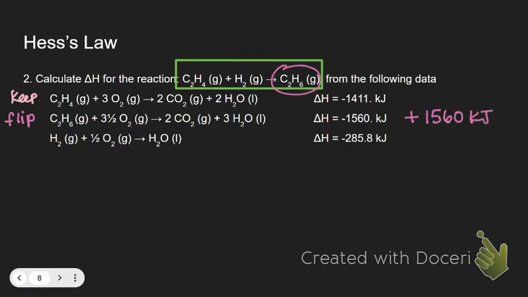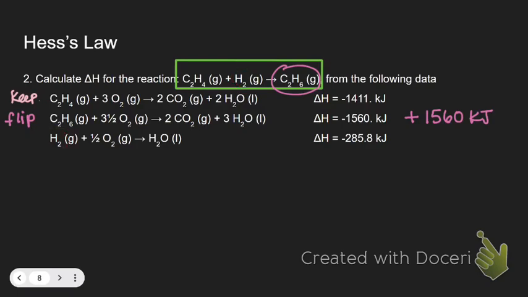Okay. For the third reaction, we have hydrogen as a reactant, and this also looks okay. I don't need to multiply it by any coefficient, but here hydrogen is a reactant, and here hydrogen is a reactant.